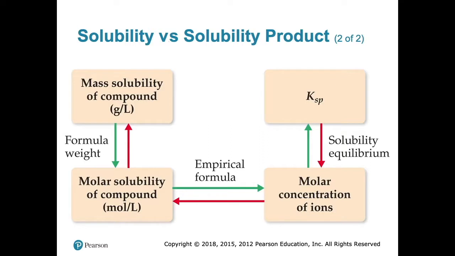And then from that, using its empirical formula, for sodium chloride it's just NaCl, you get the molar concentration of each of the ions, and then you can do the Ksp equation, because you just set Ksp equal to the concentration of sodium times the concentration of chloride, right?